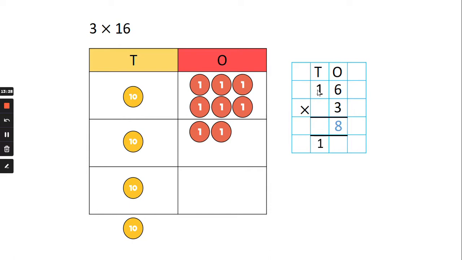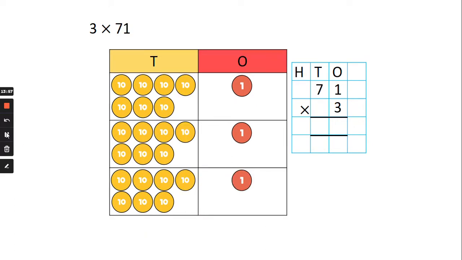So I have 1 ten, so that's 10 times 3. 10 times 3 is 30. Adding on our extra 10 that we exchanged gives us a total of 4 tens counters, 40. So we've calculated our answer as 3 times 16 equals 48.